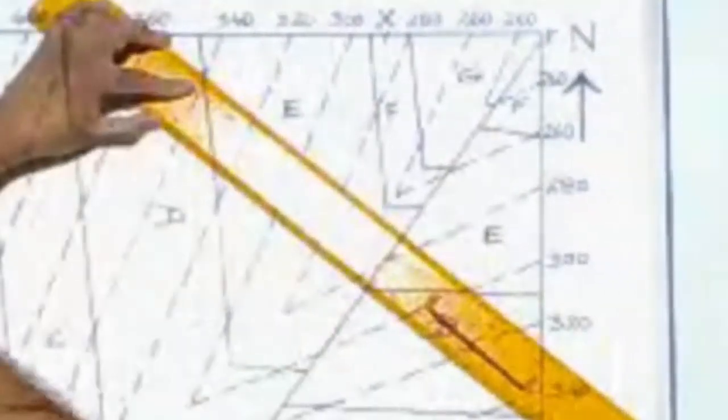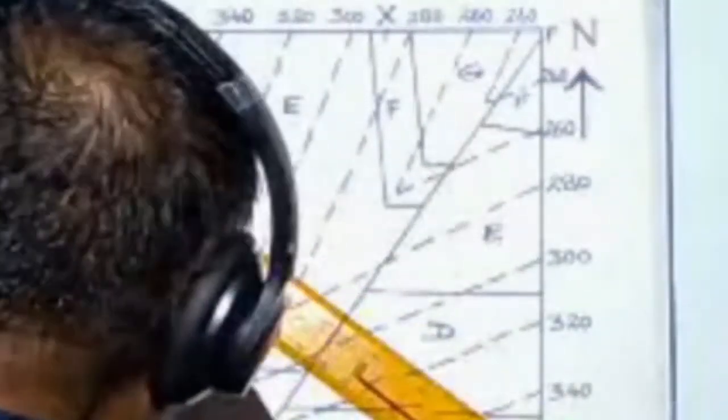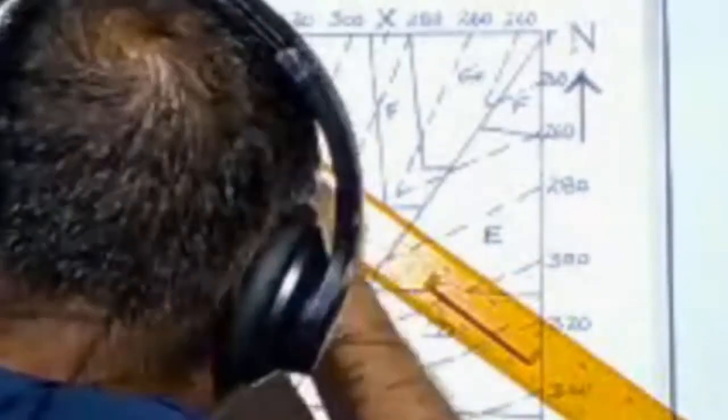Yes, strike shifting method. What is happening here? On this strike line, we got the upper junction, but the lower junction is not there on that line. So we have to use the strike shifting method. With that method, we can find out the thickness of the E bed.